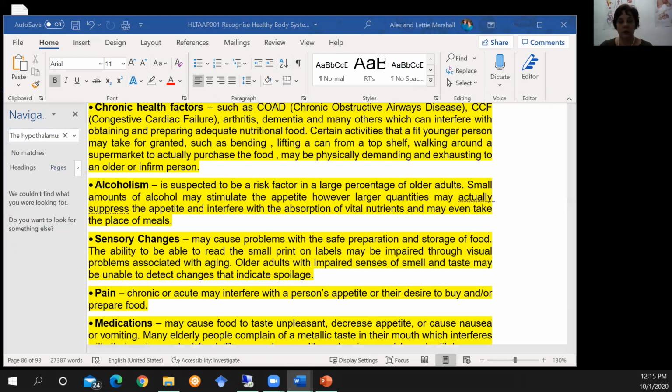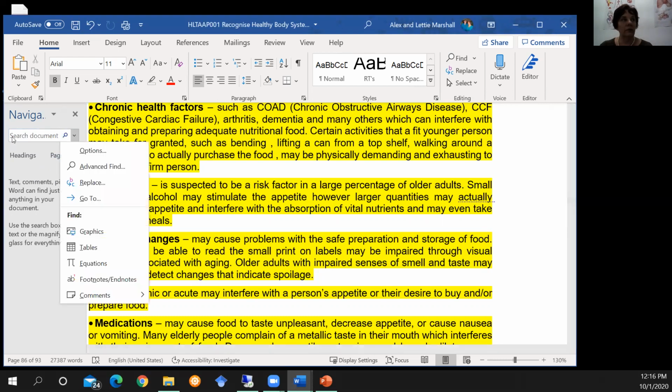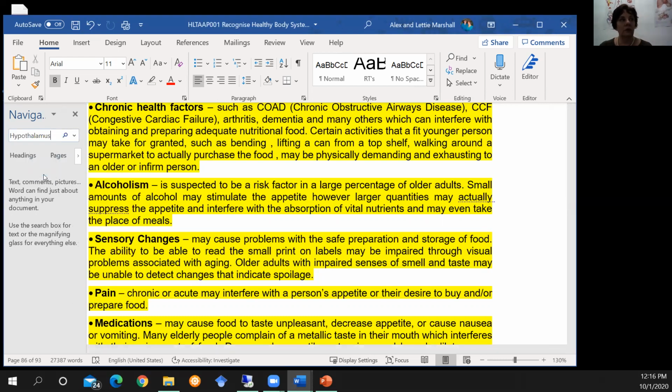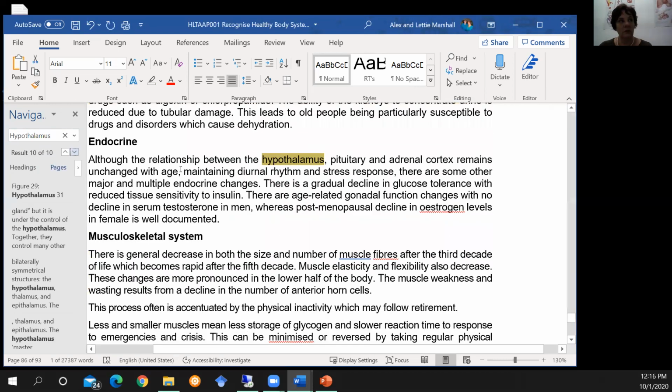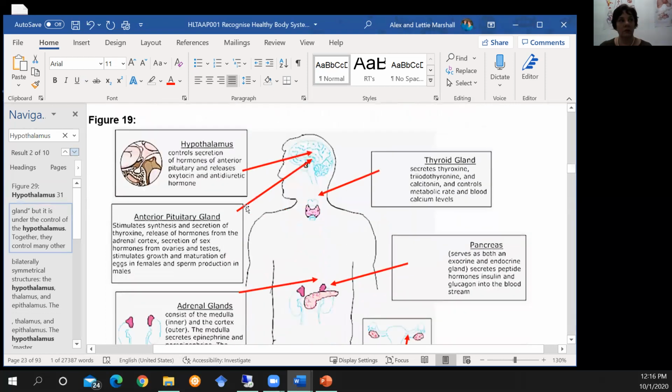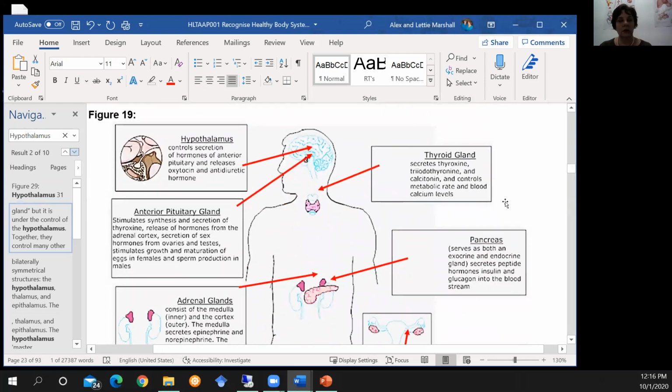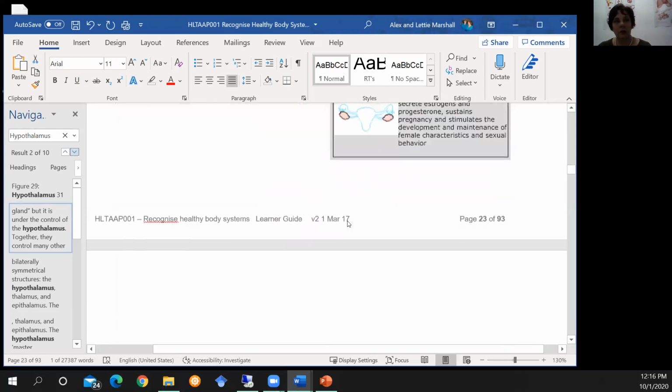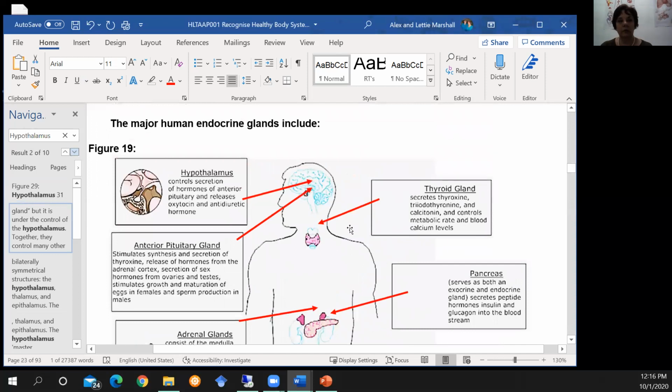I'm looking here, in the book. I think this is figure 19, page 23.